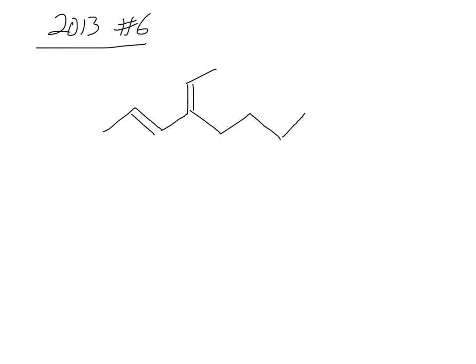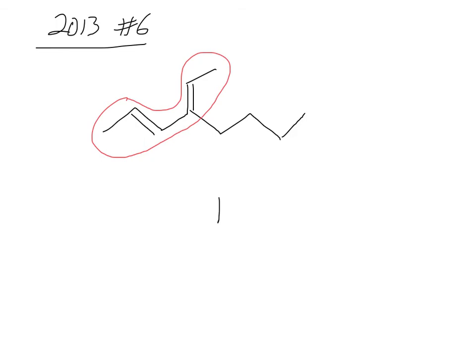Both functional groups are the alkene, so I like to circle that. It has to be the longest continuous chain. So we know off the bat how many carbons this is: 1, 2, 3, 4, 5, 6. So you know we're going to have a hex-something, hexadiene.